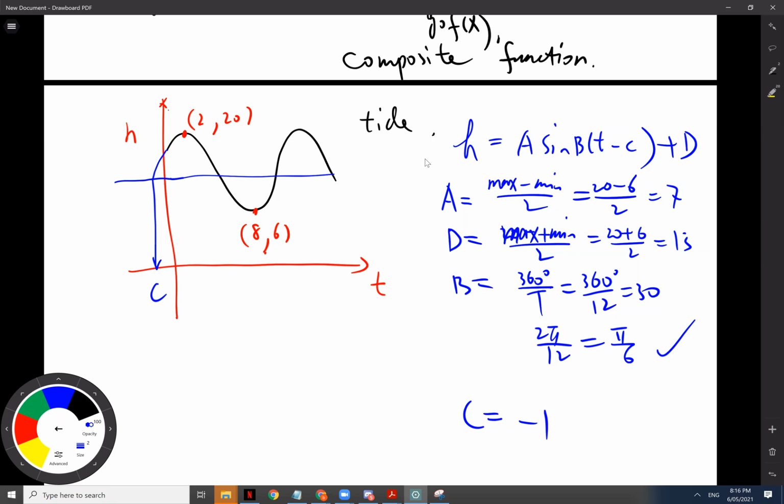Which one plus 8? Oh, you can do this one minus 12 because the period is 12. This is 14, right? Two, 8, 14. This is 11. And here is 5. Double check if you understand this.